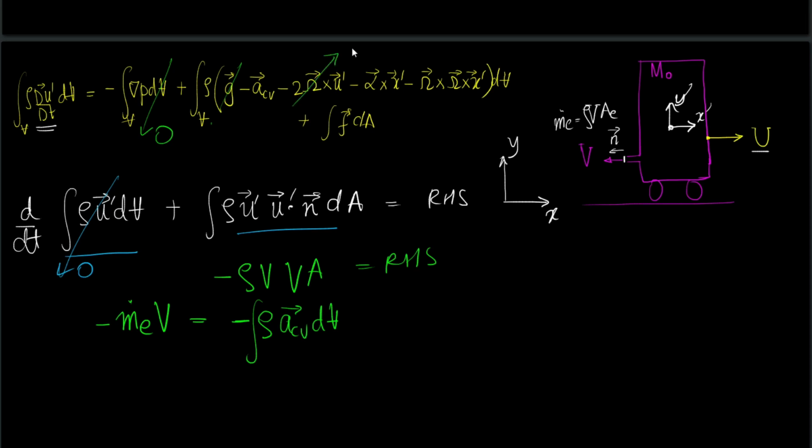There is no rotation, no angular acceleration, no traction vector. So what is this term going to be? It's going to be minus du/dt, this is the acceleration of the control volume, times the integral of rho dV, which is the mass of the control volume.